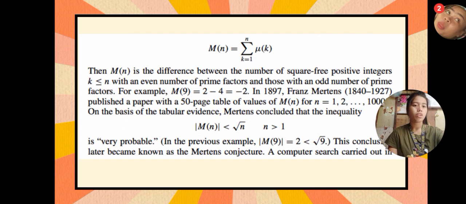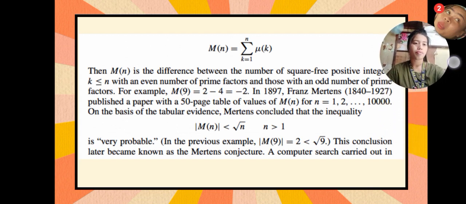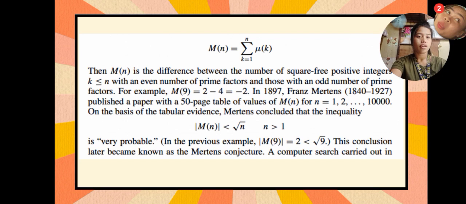For example, M(9) equals 2 minus 4, which is negative 2. In 1897, Franz Mertens, 1840 to 1927, published a paper with a 50-page table of values of M(n) for n equal to 1, 2, up to 10,000.